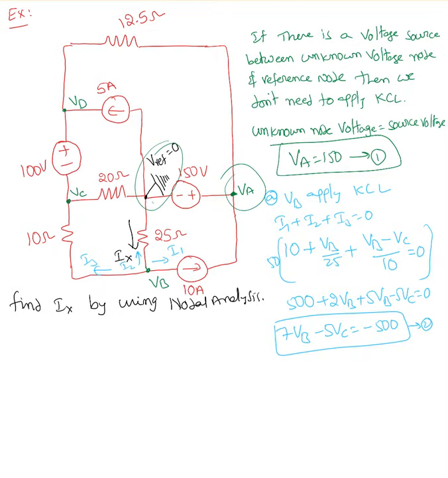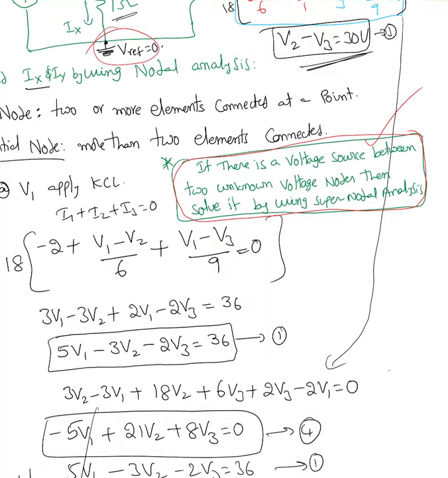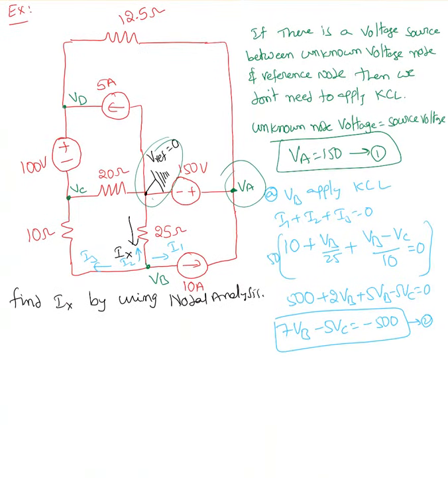That's my second equation. Now at VC apply KCL. But when you look at VC, there is a voltage source between VC and VD, as I told you in the previous example. So here is the definition: if there is a voltage source between two unknown voltage nodes, then solve it by using supernodal analysis. So we need to apply a supernode equation.